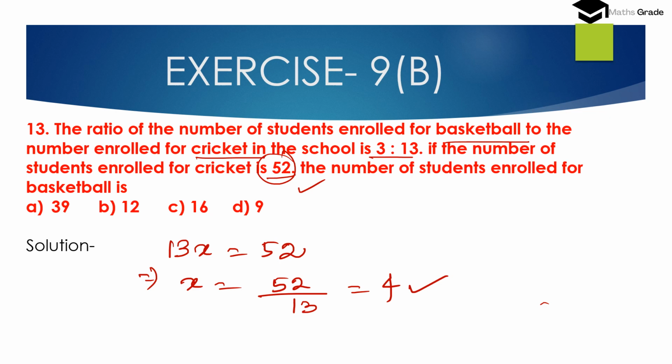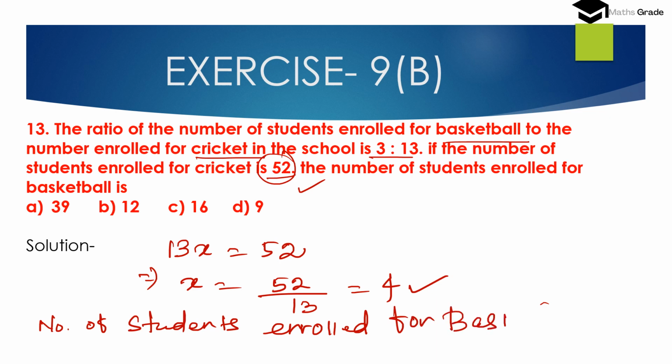So the number of students enrolled for basketball will be 3x, which is equal to 3 multiplied by 4, which is equal to 12.